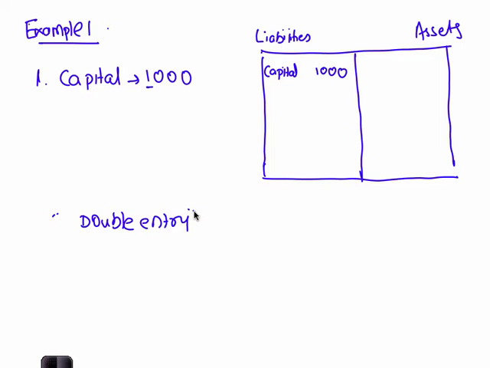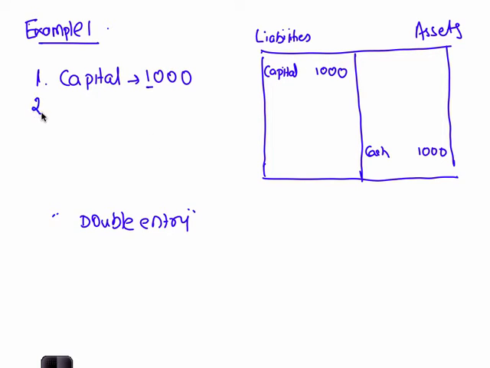What double entry tells us is that every transaction is going to have two parallel effects. So think from a business perspective, a capital of 1000, that means they incurred a liability, but did the business receive anything? Cash. And cash is an asset. So we will write down cash here, which would be 1000. Make sense?